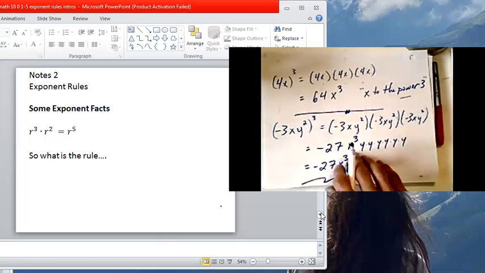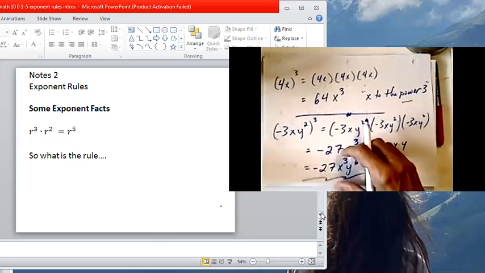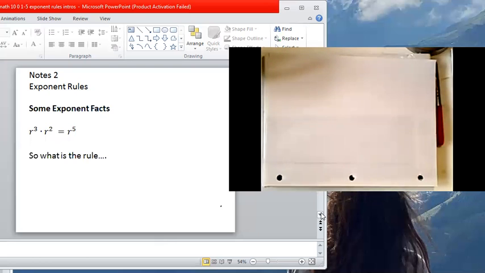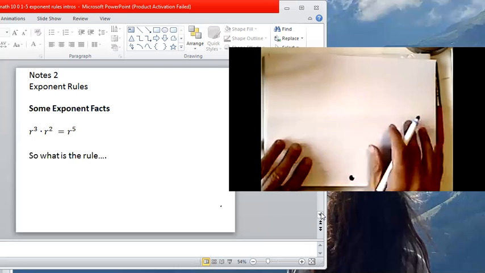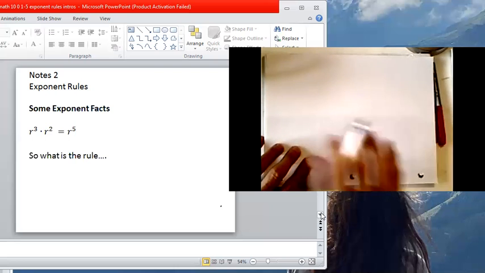So let's start getting some shortcuts. Let's start making some observations. From the expression you see there, r to the power of 3 times r to the power of 2, we can work that out, and we can see that it's r to the power of 5.